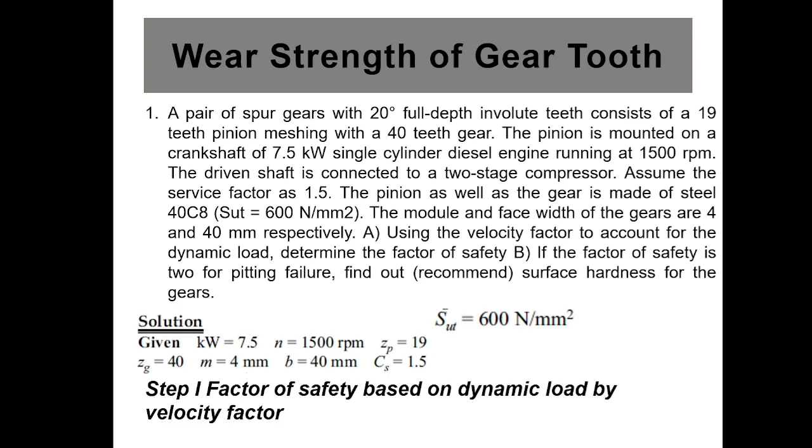Now we know P effective is equal to Cs divided by Cv into Pt. We can calculate Pt from the given power 7.5 kilowatt: we calculate the torque Mt, and once we know Mt, we can calculate Pt.